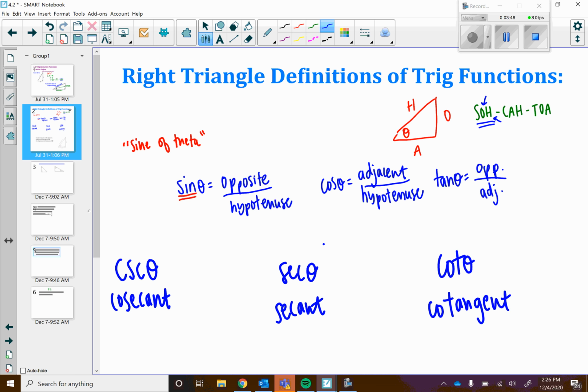If you are sitting at your computer thinking, oh, I know what those are, Ms. Gissing, those are the reciprocals of sine, cosine, and tangent, then you're right. Cosecant is 1 over sine of theta. Secant is 1 over cosine of theta. And cotangent is 1 over tangent of theta.